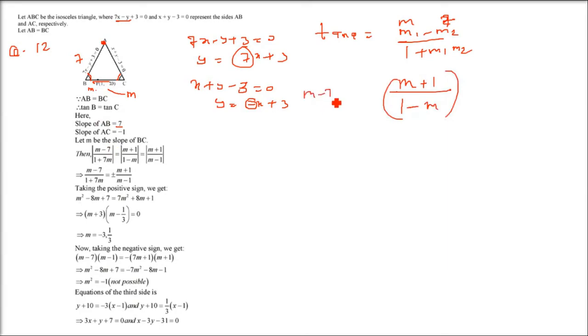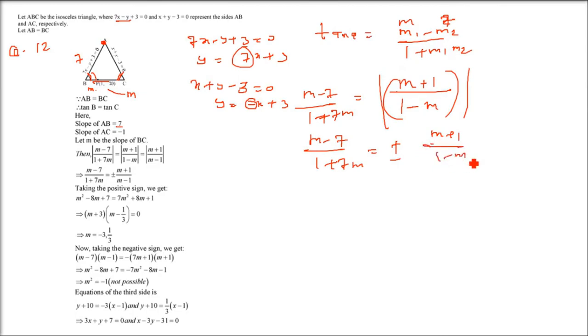And this and (m minus 7) by (1 plus 7m) should be equal. But since they are both in modulus, we have to take plus minus both. So (m minus 7) by (1 plus 7m) equals plus, one time you take plus, one time you take minus, (m plus 1) by (1 minus m).